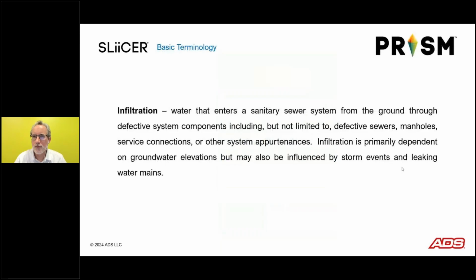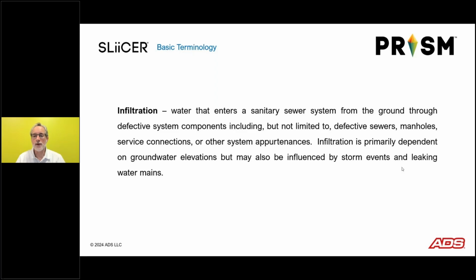So for some of our newer people to the industry, I wanted to make sure we had some clarity on terms. We're going to start out with some of the basic terms that we're dealing with, the first of which is infiltration. And what is infiltration? Infiltration is water that enters a sanitary sewer system, and it comes in through the ground through defects in the sewer system.